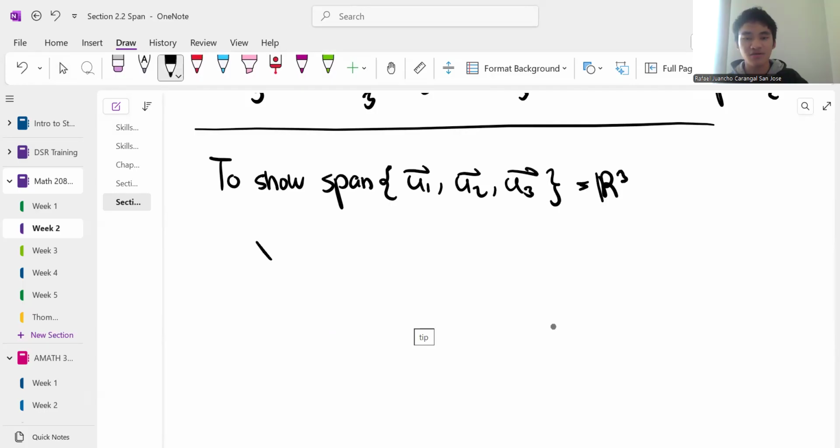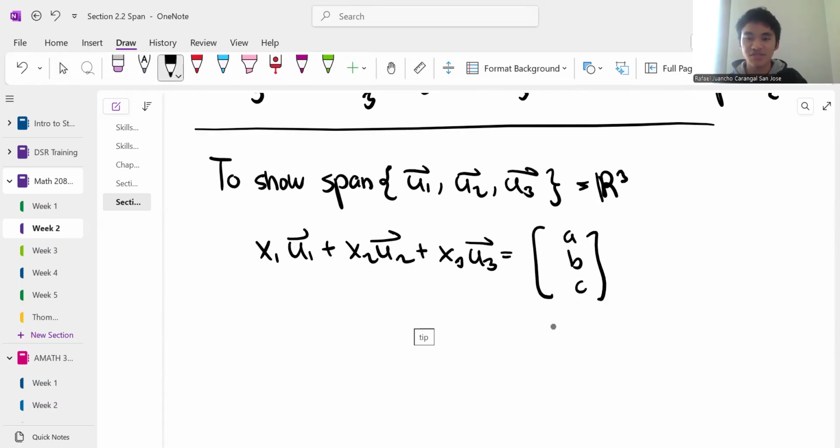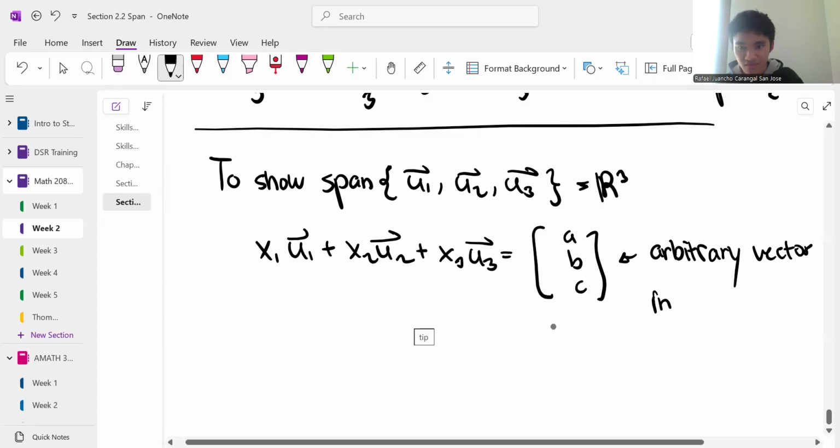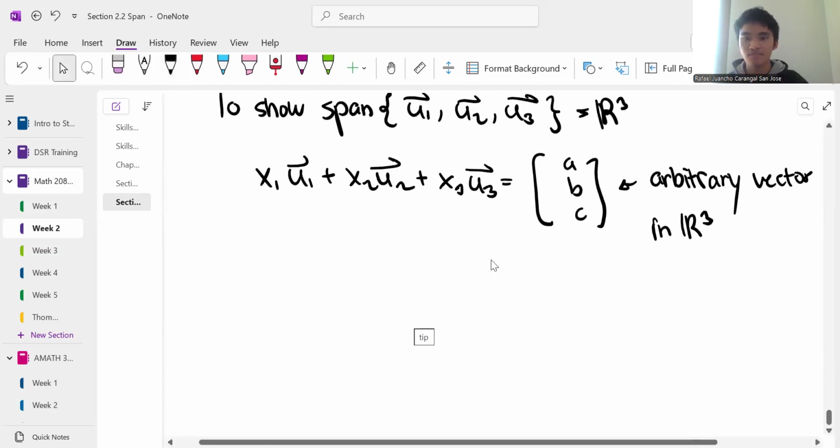We look at the set of linear combinations and see if we get some arbitrary vector A, B, C, which is any vector in R3.